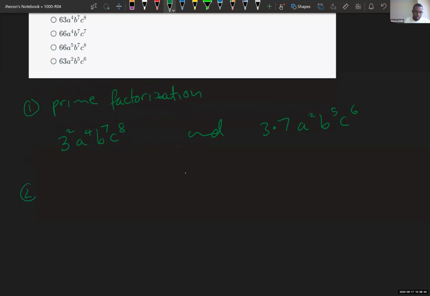So then, what do you do? It's going to be 3 squared times 7. The highest power that the 3 appears to is 2. The highest power that 7 appears to is 1. And for a, b, and c, you take the highest power, which is 4, 7, 8.